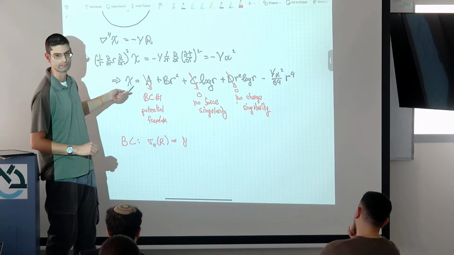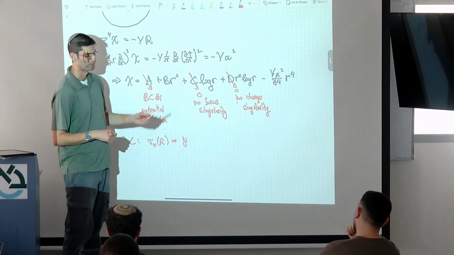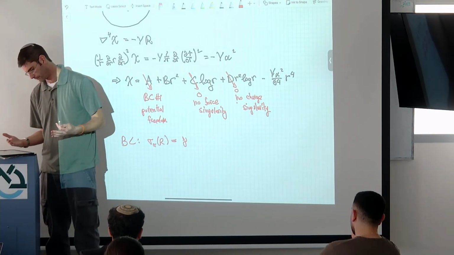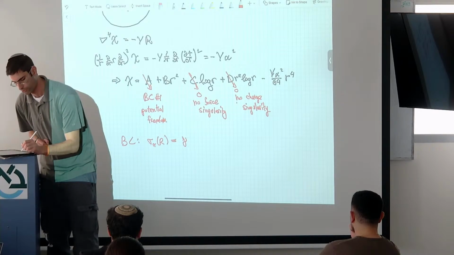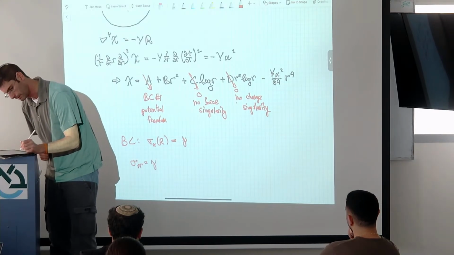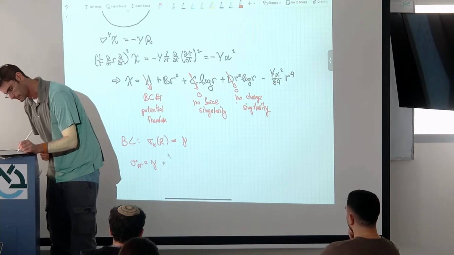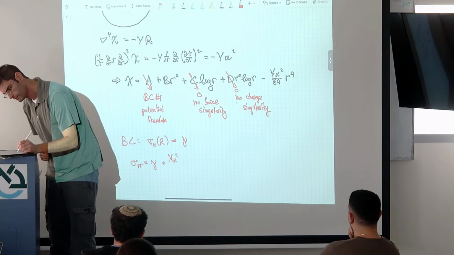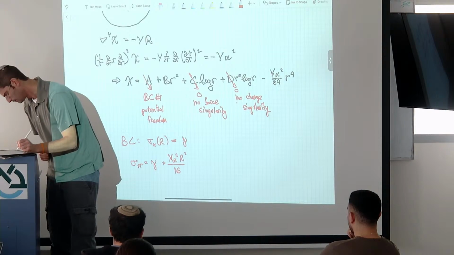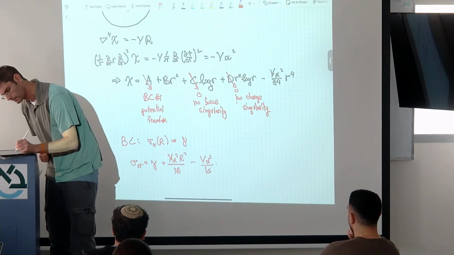I take this, I take a derivative to get sigma R. I don't want to go into the details. And that will tell me what this constant is. The important thing to get from this whole story is that now I know the stresses. The radial stress sigma RR equals this gamma from the boundary condition plus some other number that has to do with the boundary conditions, I don't care about that, minus y alpha squared over 16 r squared.